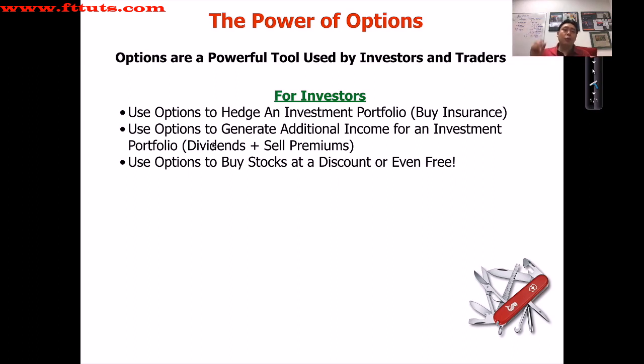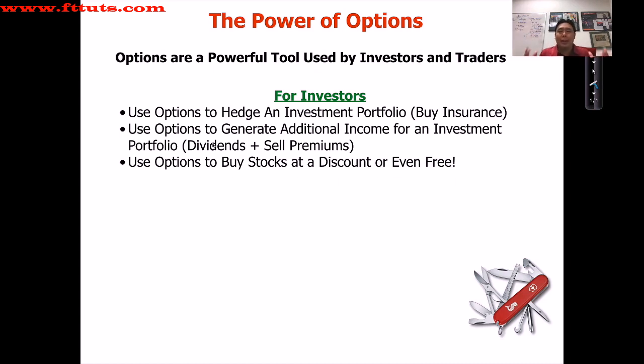Now, you can use options to generate additional income. We call it selling covered calls. And again, you're going to learn this in the next few lessons. With selling covered calls, even if the stocks you buy don't go up, they go sideways for 10 years, besides collecting dividends, you are able to collect an additional 20 to 30% return by collecting premiums from selling call options on your stock.